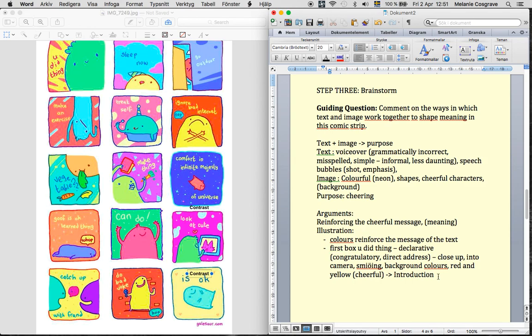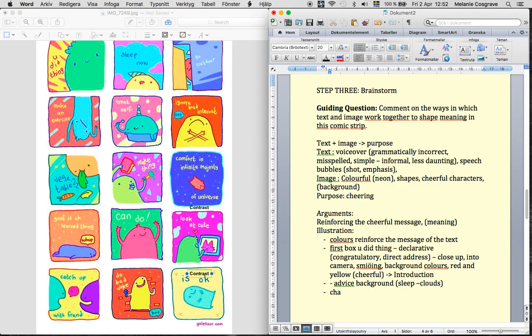Then we have the advice one. So the advice is reinforced again with the background. So an example here is sleep with the clouds. We also have the characters, sleep and clouds.